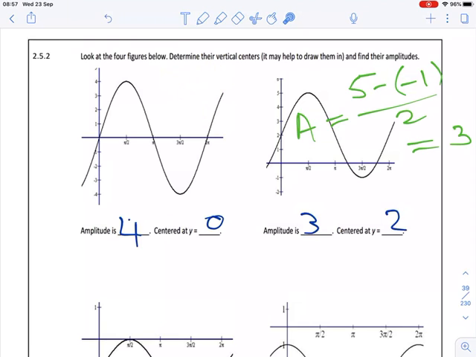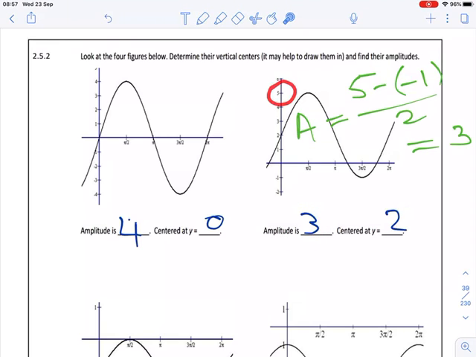So don't get confused how you work out the amplitude and how you work out the center. The amplitude is the maximum minus the minimum over 2. So if we take the maximum minus the minimum, we get 6 over 2, which is 3. So the amplitude is 3.